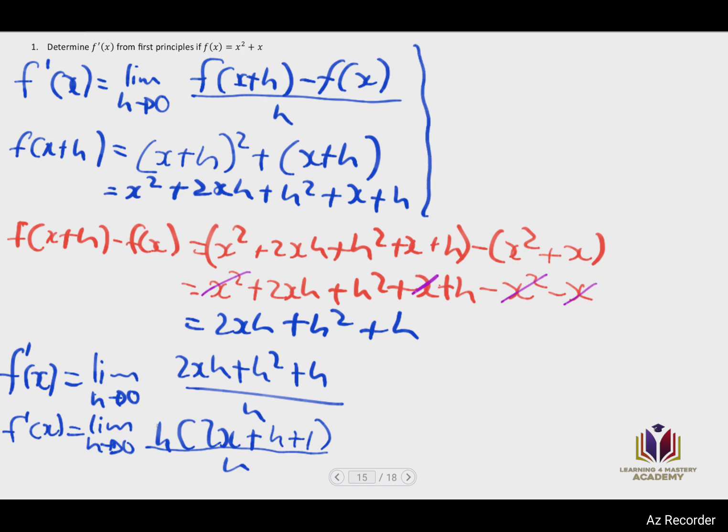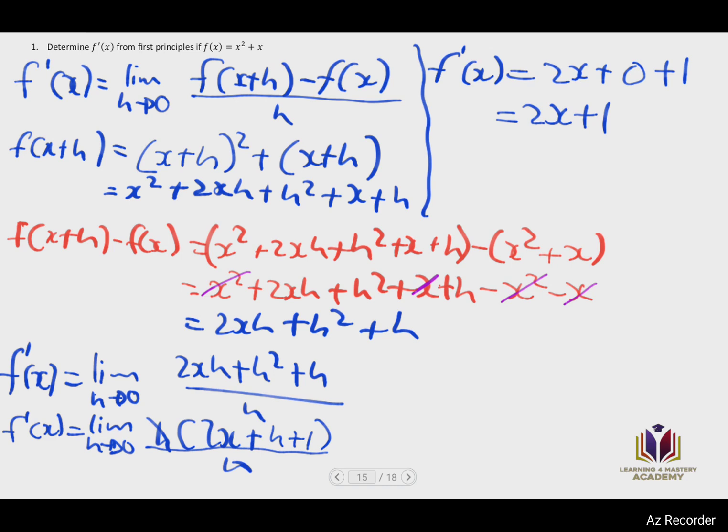Obviously, this is going to cancel that, which means we can say our f prime of x is going to be what? 2x plus, in place of the h, we're going to substitute the 0, plus 1. This gives you 2x plus 1.